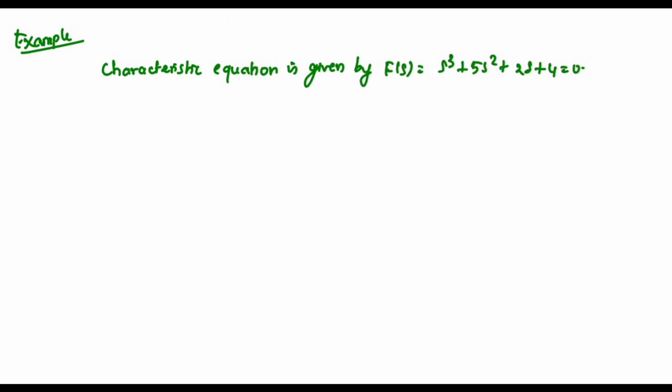First let me go for an example. The characteristic equation F(s) is given by s^3 plus 5s^2 plus 2s plus 4. Here no element is missing and all the coefficients are positive.